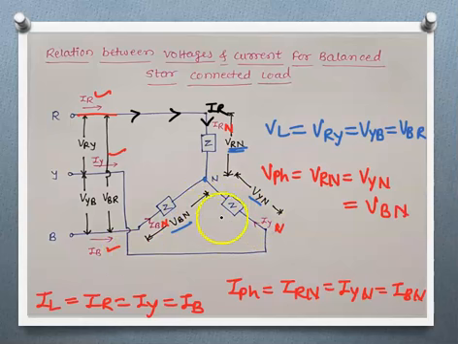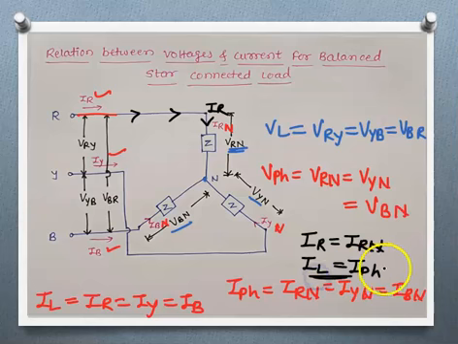That means from observation we can write that IR equals IRN. This is for R phase. Similarly for Y phase also and B phase also. So IR is IL and IRN is IPH. So from observation we can conclude that the line current is equal to phase current in case of three-phase star connection. The line current and phase current are same. Okay, this is our first conclusion. We have got the relation between currents.